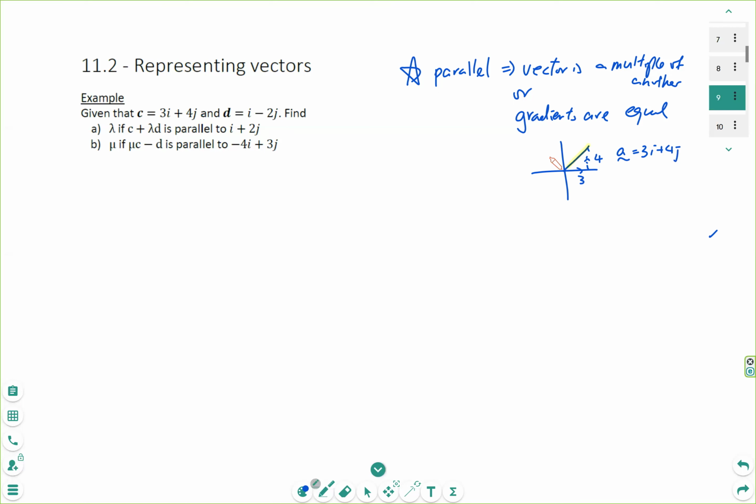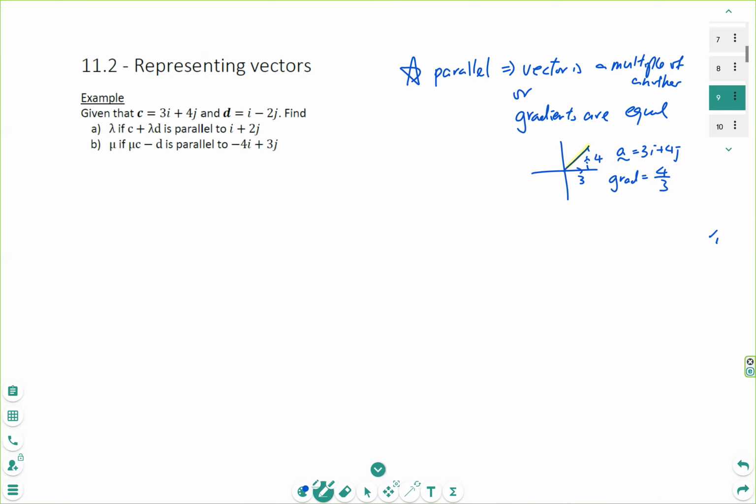The gradient will equal 4 over 3, because it's the difference in y over the difference in x, essentially the j component over the i component. It's the coefficient of j over the coefficient of i. We'll come back to this.